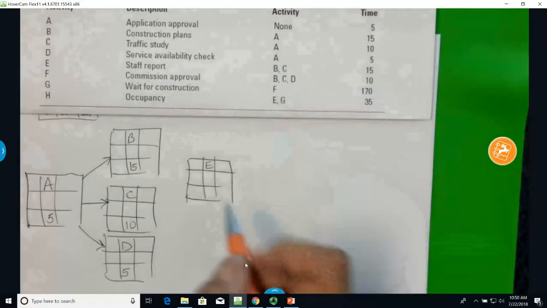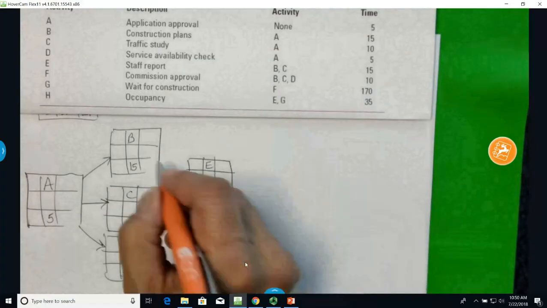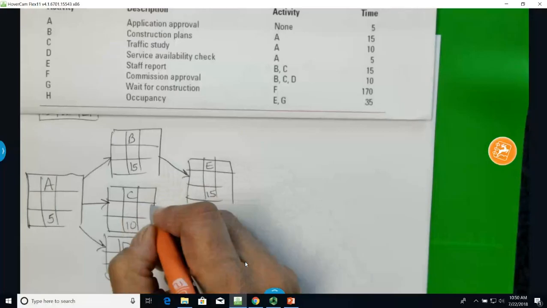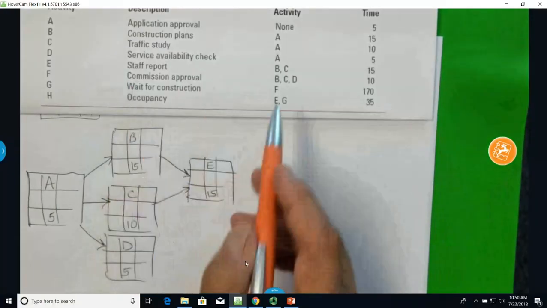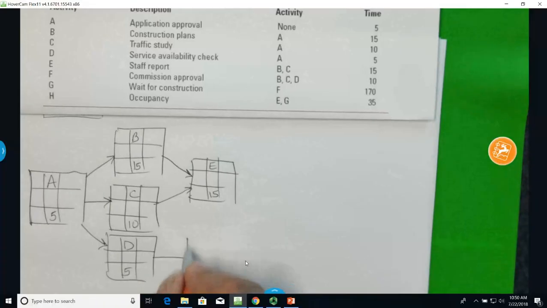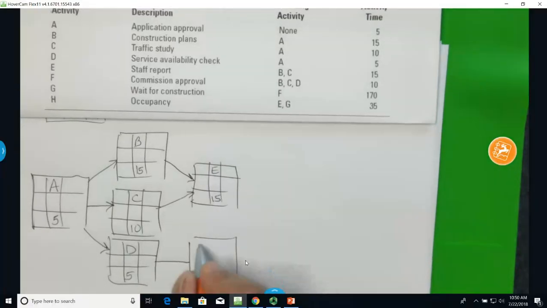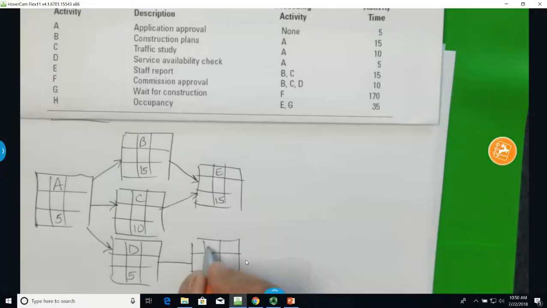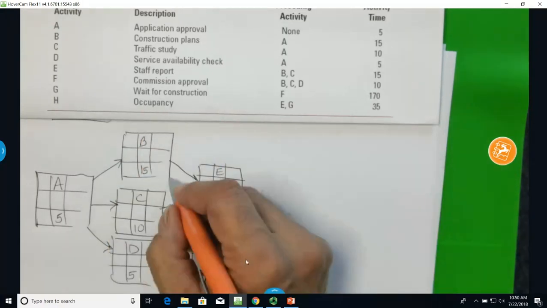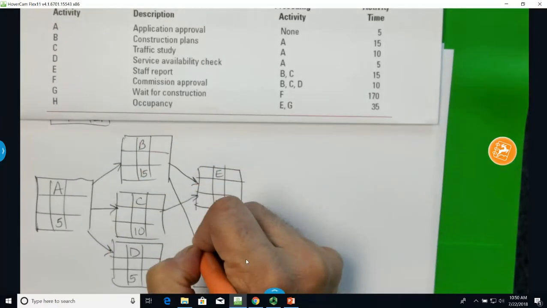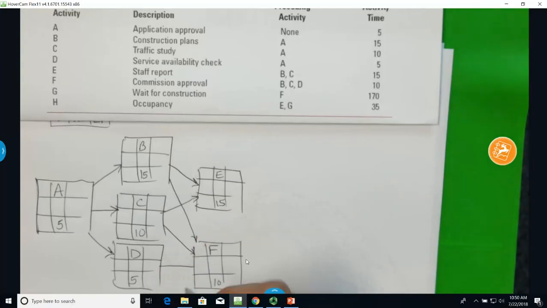E was 15 days. Depends on B and C. We had F depends on B, C, and D. And F was 10 days. And it depends on B, C, and D.